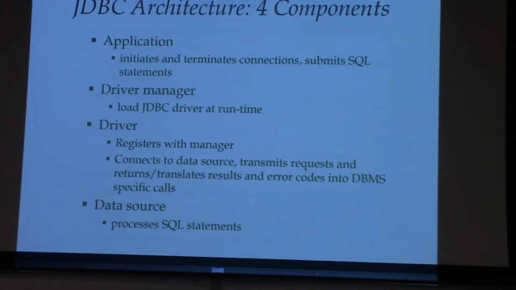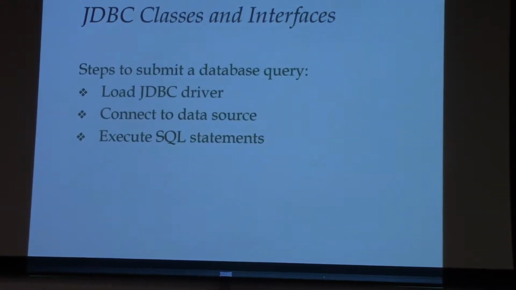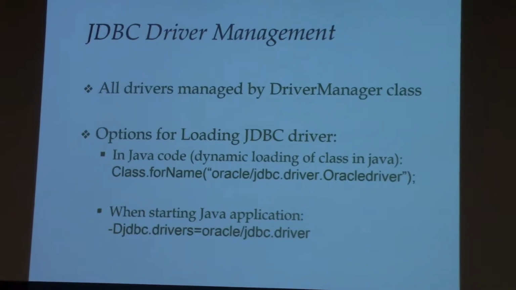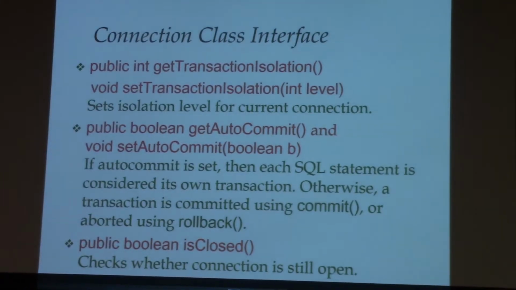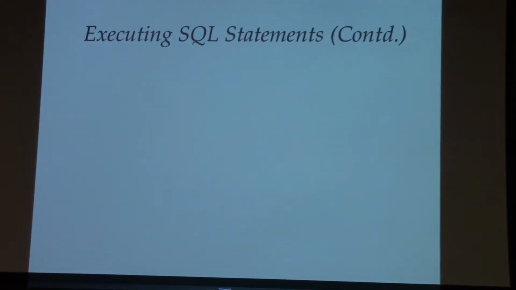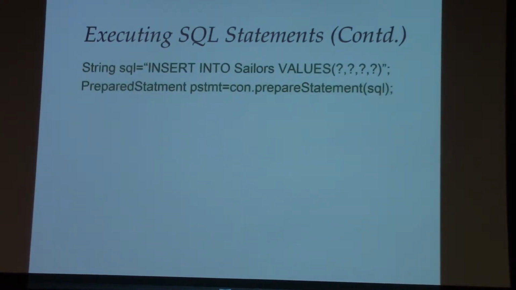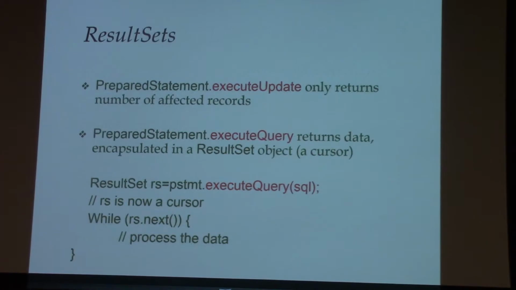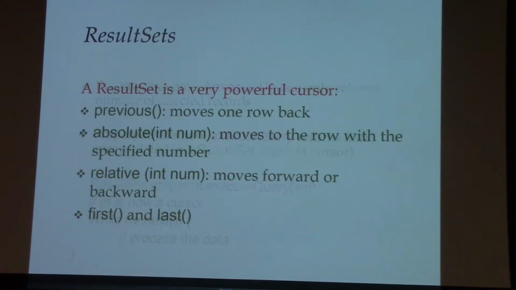Dynamic SQL at the library or API level, like Java, JDBC, and so on. You can take a look at more details on each one, but this is one example, JDBC.